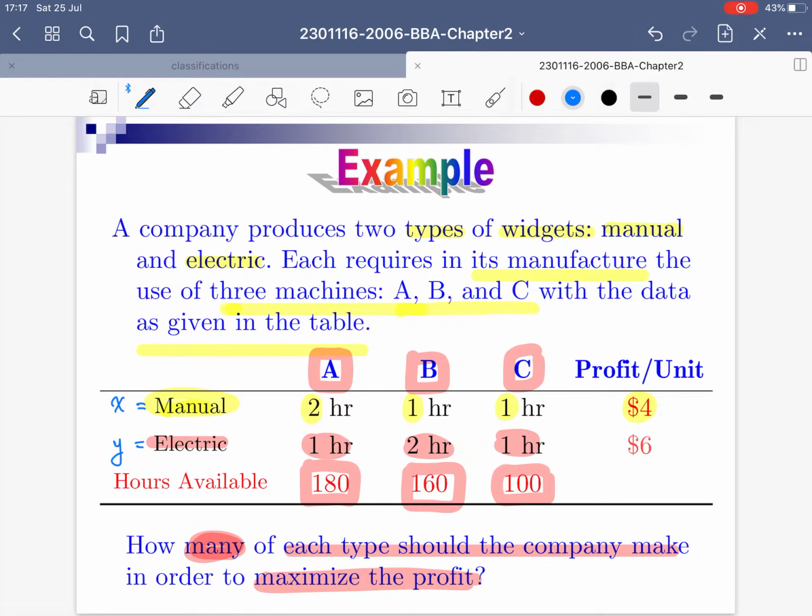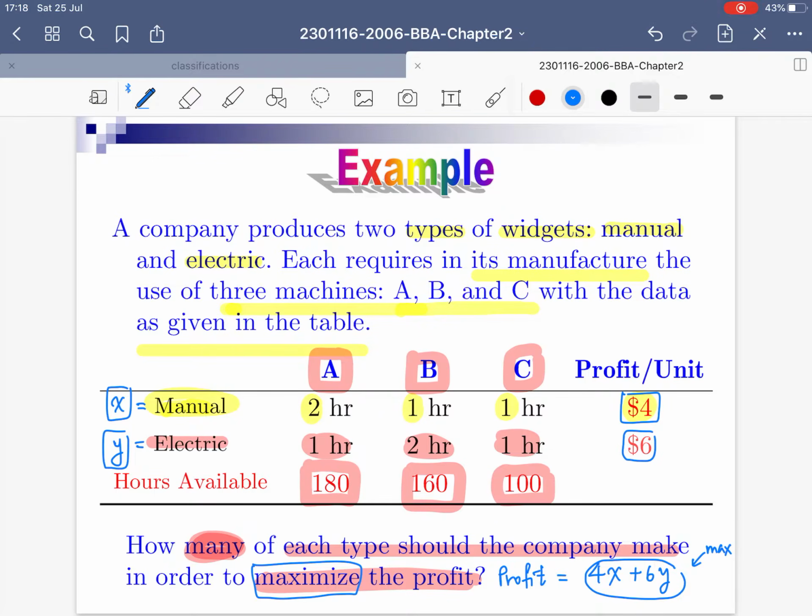If you produce X units of manual, your profit is 4x. If you produce Y units of electric, you get a profit of 6 each, so another 6y. Because it is a profit, you need to find the maximum of this profit.